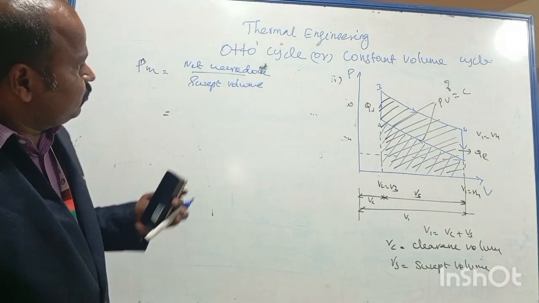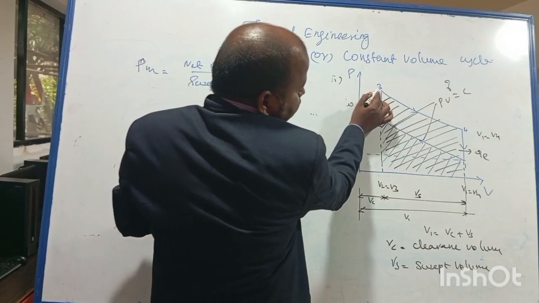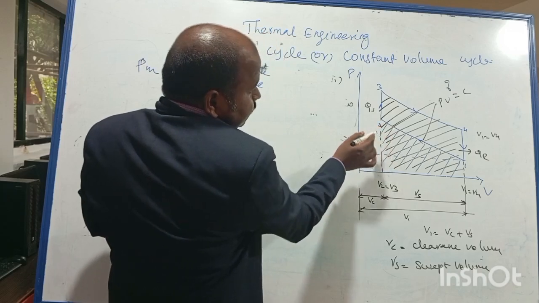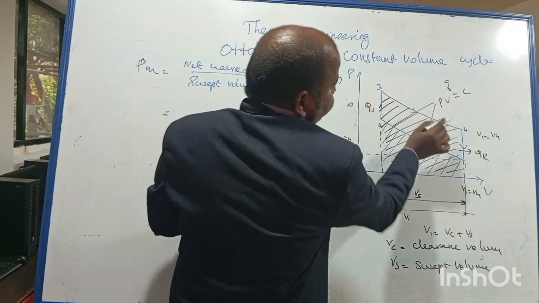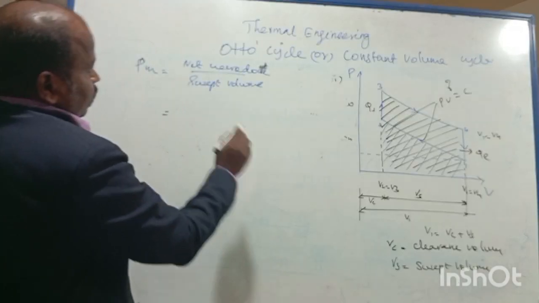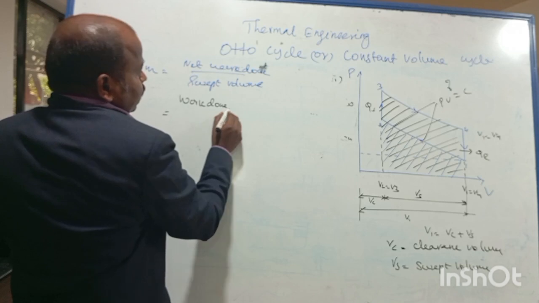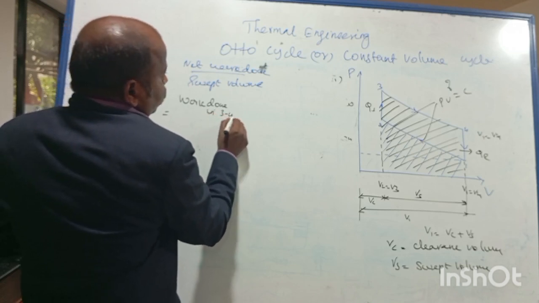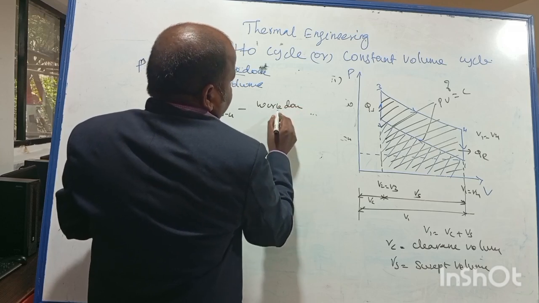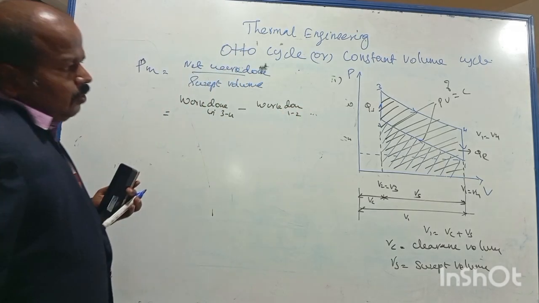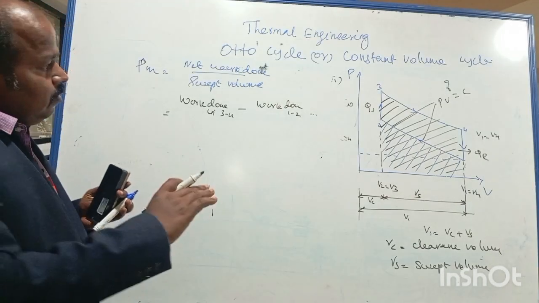Now if you want to get the net work done, I am going to subtract the work done during 1 to 2 from the work done in 3 to 4. That is, work done in 3 to 4 minus work done in 1 to 2. You know very well that 1 to 2 and 3 to 4 are adiabatic processes.